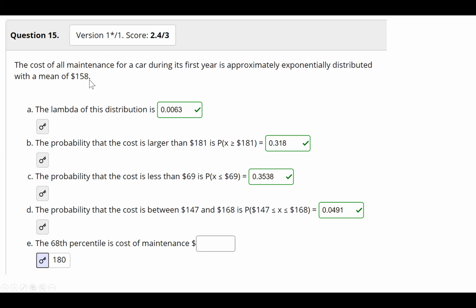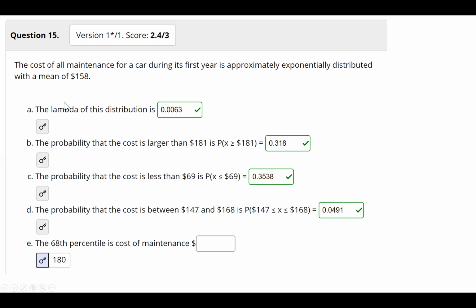The cost of all maintenance on a car during its first year is this right here. So seems like it's going to be a lot less. You may spend a lot of money, but it's just shortened duration or a little bit of money.